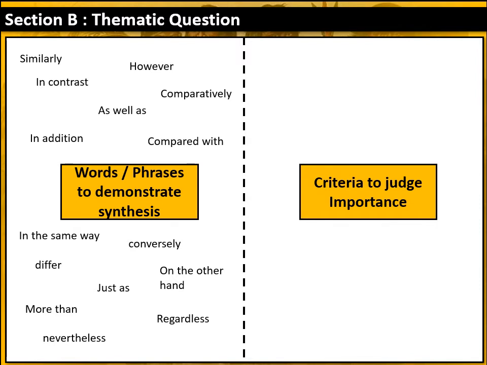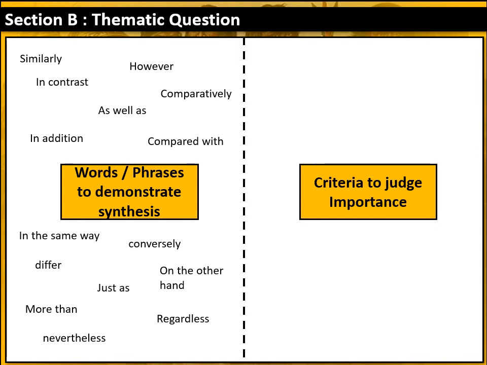So I might say similarly, or comparatively, or compared with, or conversely, or more than, or nevertheless, or regardless. All of these phrases are demonstrating to the examiner that I am showing synthesis.